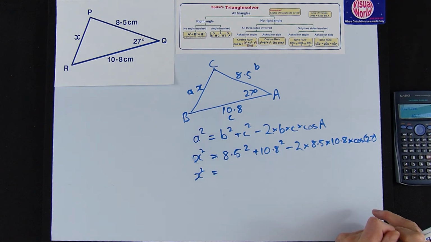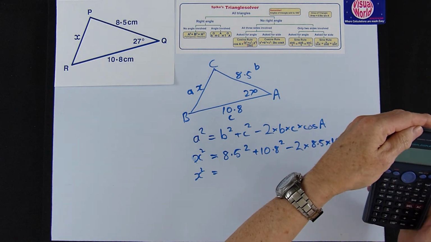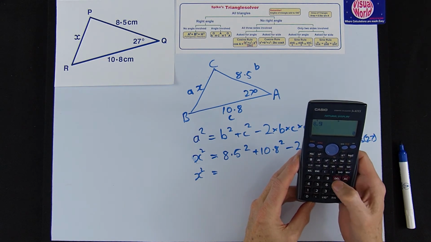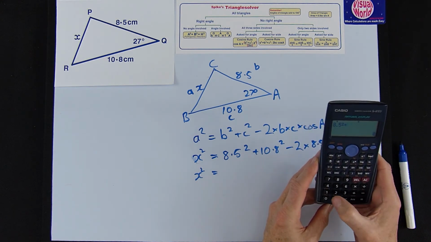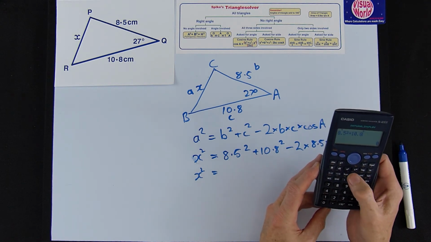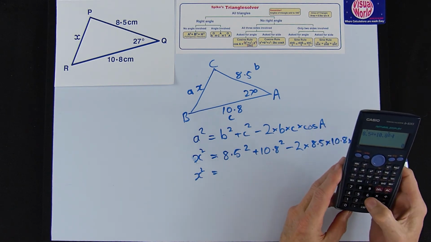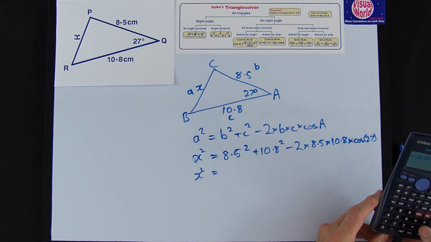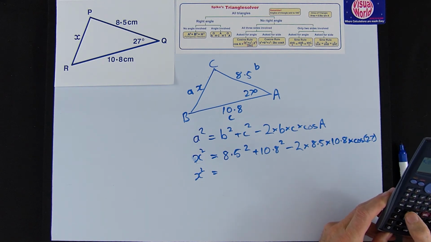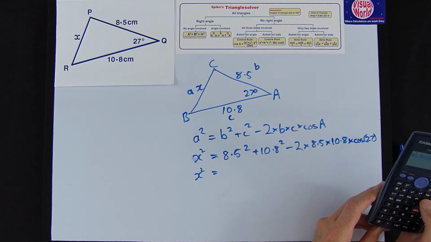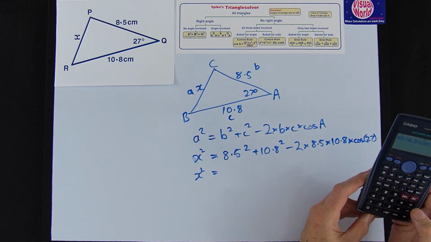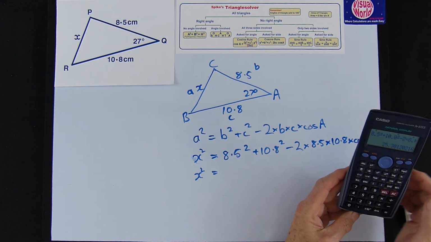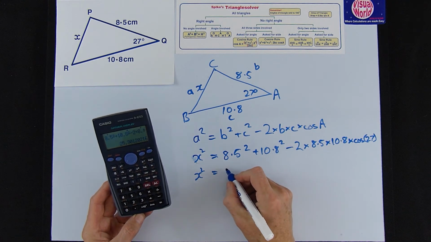So get your calculator, and we just go 8.5 squared plus 10.8 squared minus 2 times 8.5 times 10.8 times cos 27, close the bracket, calculator lets you off with it, and you get your answer, which is 25.30.